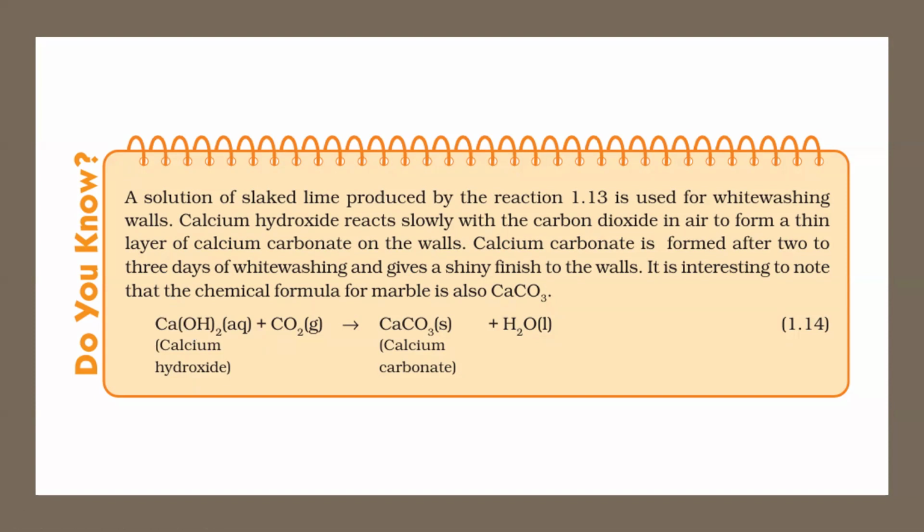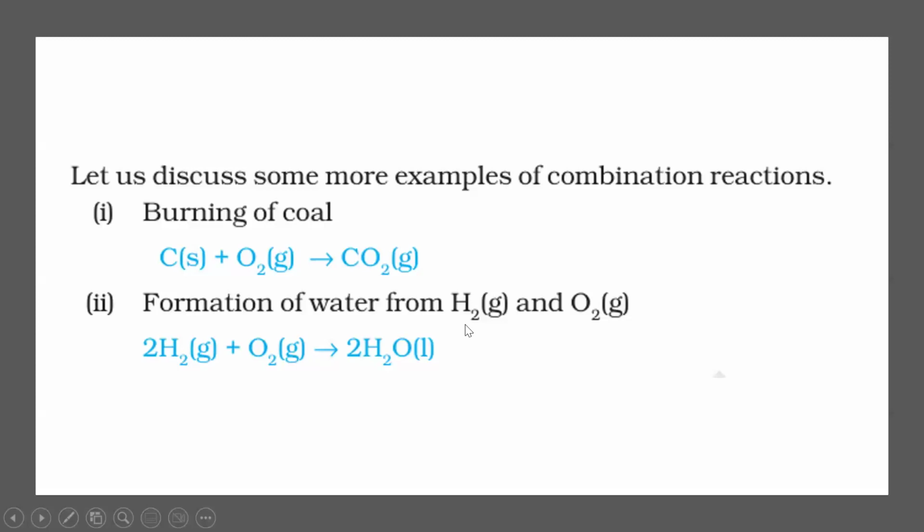This calcium hydroxide, that is slaked lime, is used for whitewashing purpose. This calcium hydroxide slowly reacts with atmospheric carbon dioxide and forms calcium carbonate. Calcium carbonate actually gives a shiny finish to the walls, and even the chemical formula for marble is also calcium carbonate.